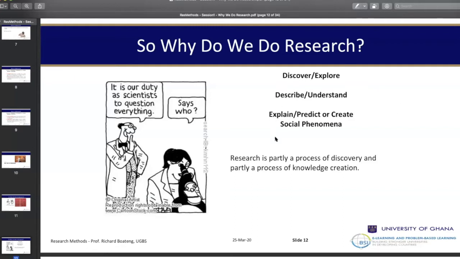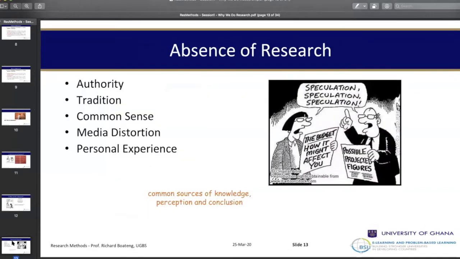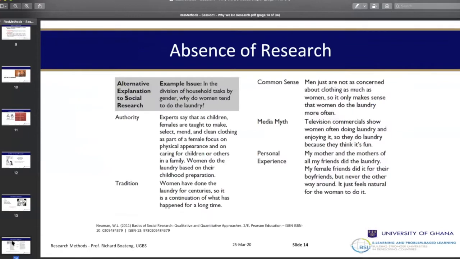Okay, so now let's continue to understand what happens when we don't do research. In the absence of research in society, people tend to draw upon common sources of knowledge, perception, and conclusion. So most of us will tend to draw on authority, tradition, common sense, media distortion, and personal experience. For example, if I should ask Nancy why women tend to do the laundry, she may say that my mother and the mothers of all my friends did the laundry.